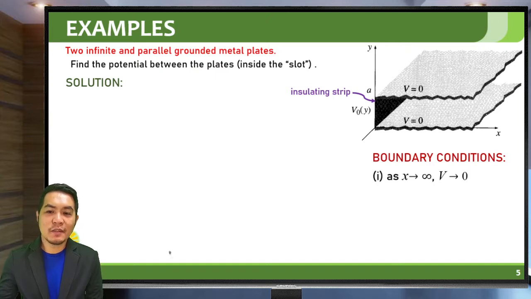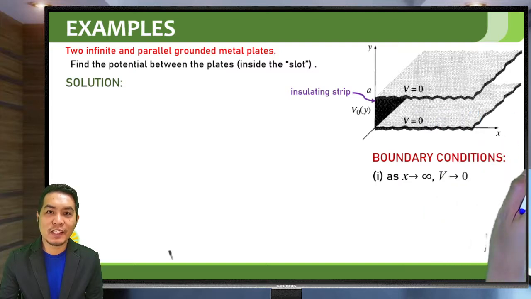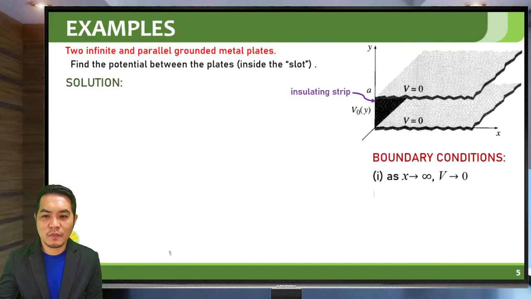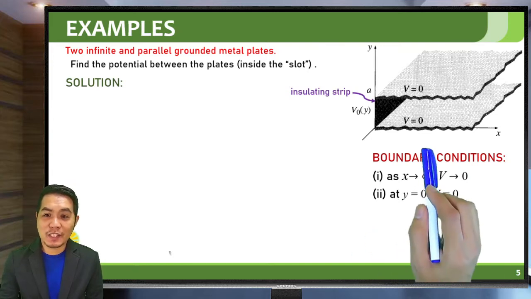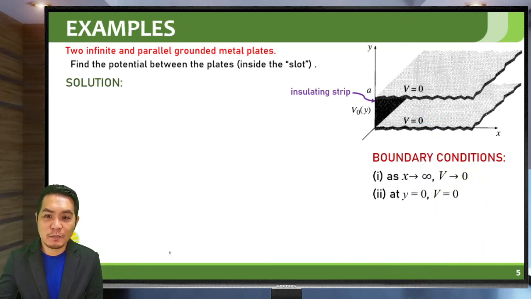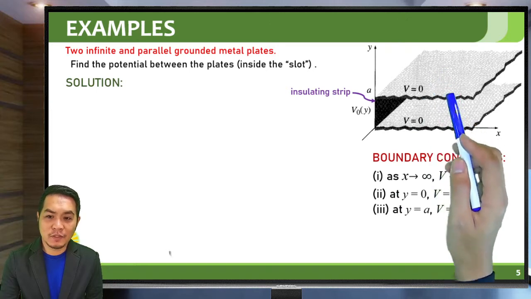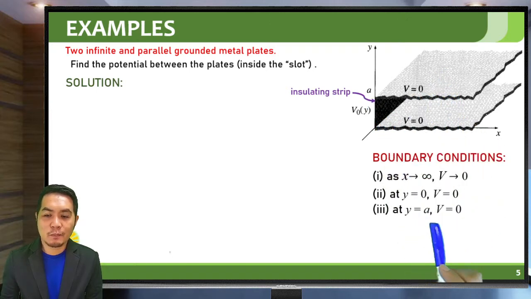Obviously we have the generic boundary condition that when x approaches infinity, the potential must also approach 0. And at y is equal to 0, we are talking about this lower plate here. The potential must be 0 because that's a grounded conducting metal plate. And at y is equal to a, we are talking about the upper plate now. At y is equal to a, the potential must also be equal to 0.